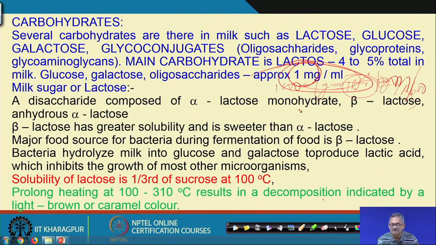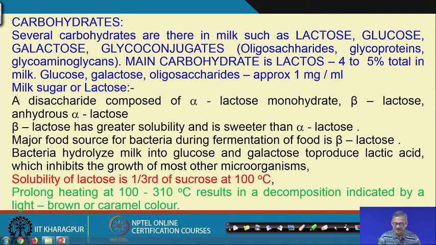So, it is 1 gram in 1 kg, that means 0.1 gram in 100 grams, right. That is what I am saying: 0.1 gram in 100 gram of milk is present, which is very negligible. That is why again and again I am saying that lactose is the main constituent of the carbohydrate present in milk, right.